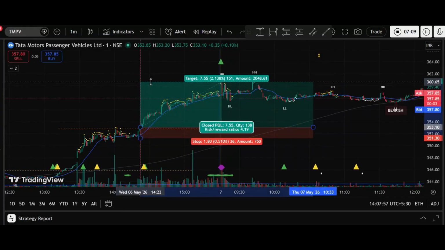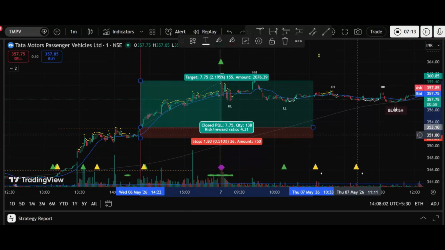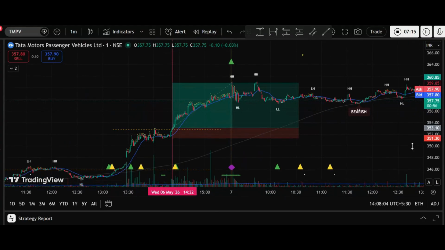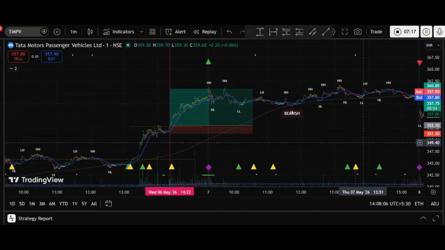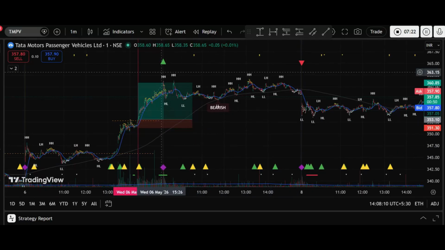And if you are a risk taker, you might have that extra benefit if you hold for the night and book your target another day. Now again we got an overbought zone here.